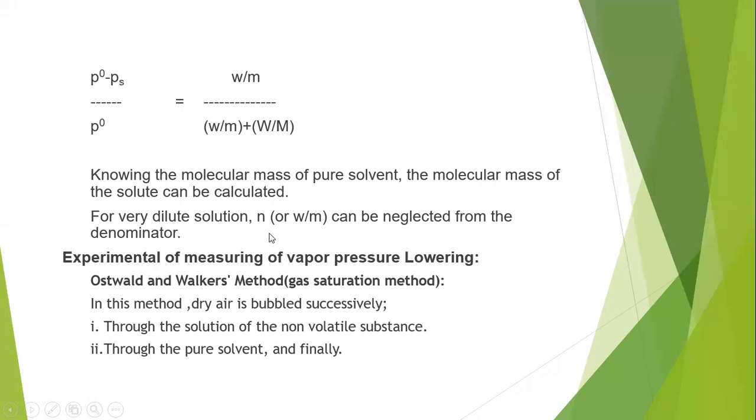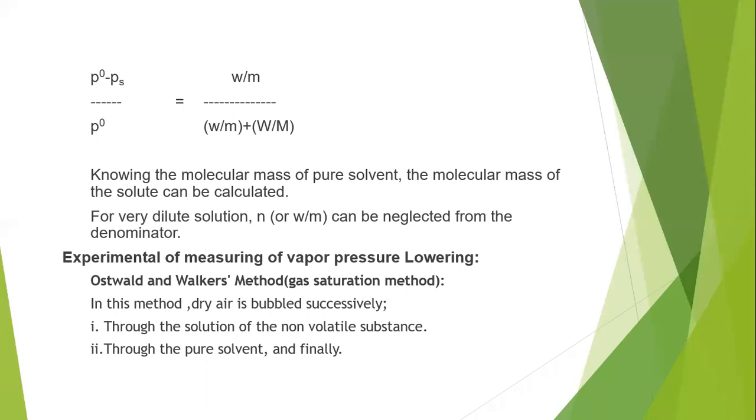For a very dilute solution, n, the number of moles of solute, or small w by small m, can be neglected from the denominator. So in the equation small n by (capital N plus small n), small n is removed for a very dilute solution. The equation then turns into (P0 minus Ps) by P0 equals (small w by small m) by (capital W by capital M).